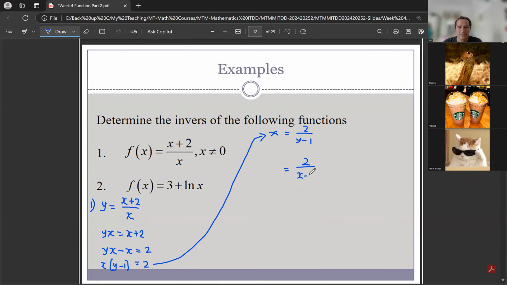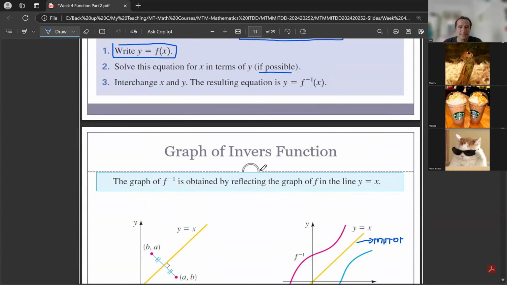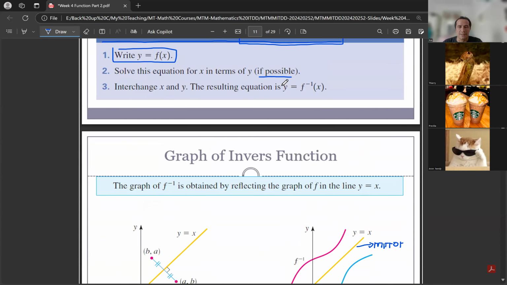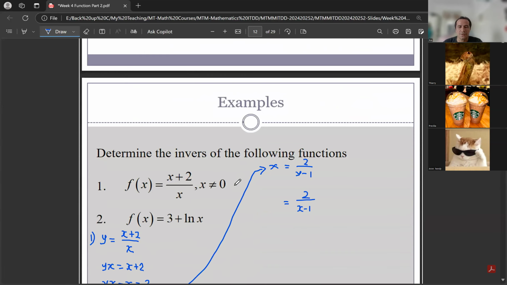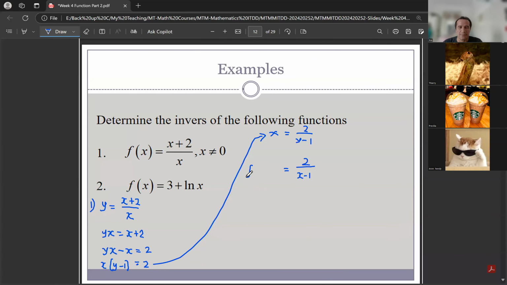Every y on the right must be replaced by x. The left must be y, but in the third step, y on the left must be the inverse of the function. So we can directly make the left f inverse of x.